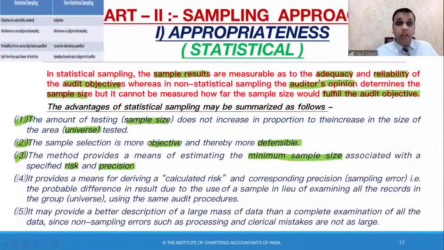It provides a means for deriving a calculated risk. Where there is maths, you can make calculations, calculations made on the basis of formulae.